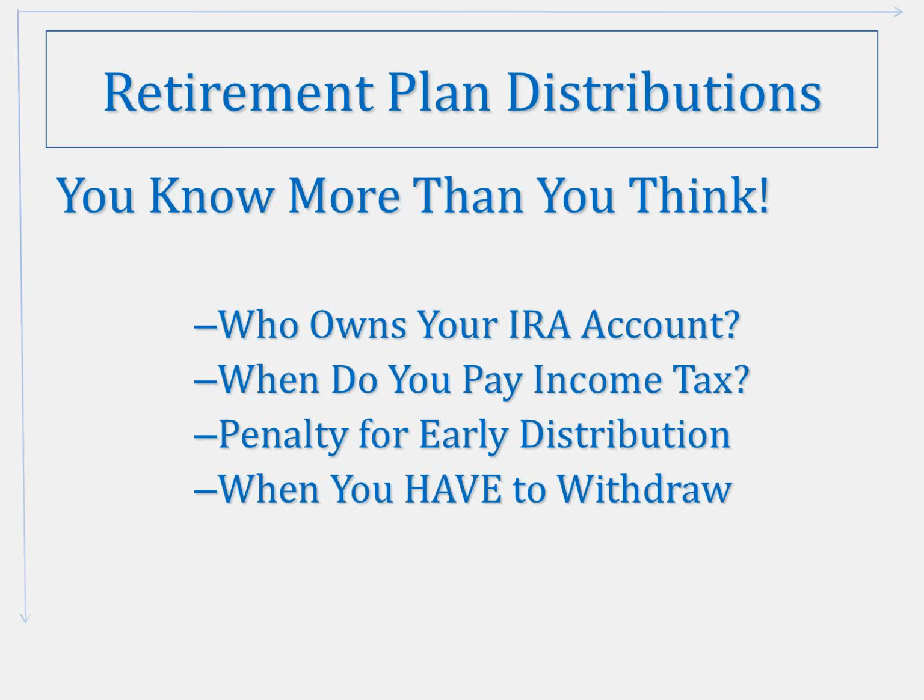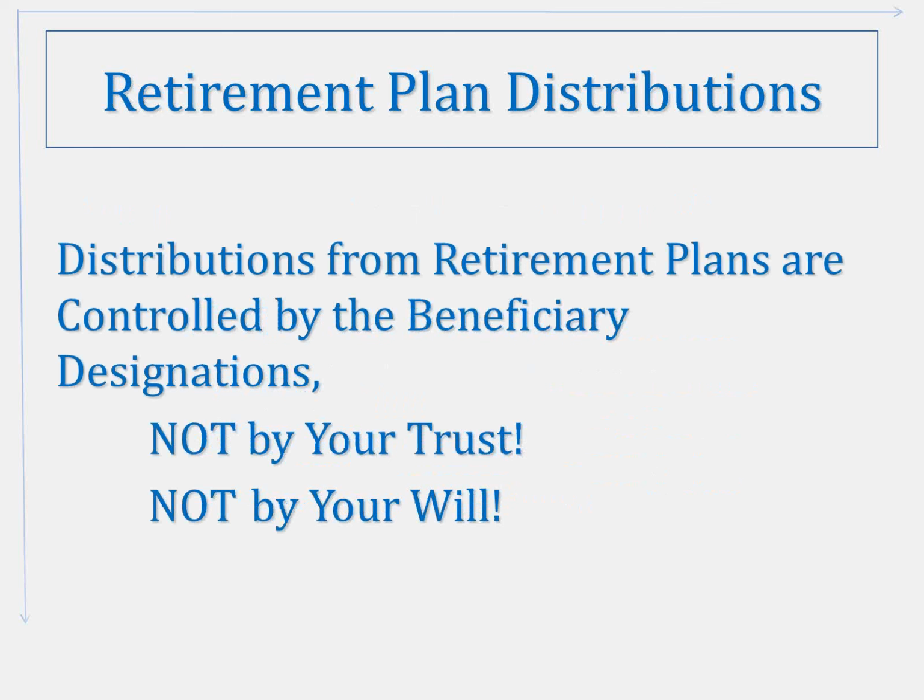If it's a traditional IRA, that's when you start taking minimum distributions, and if it's a Roth, it's when you create the Roth, with after-tax contributions or a Roth conversion. You know that there are penalties for early distribution, and you know that there's a time when you do have to start withdrawing it after age 70 and a half. So those are the fairly easily known basics.